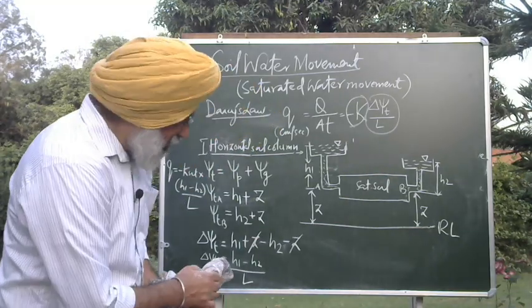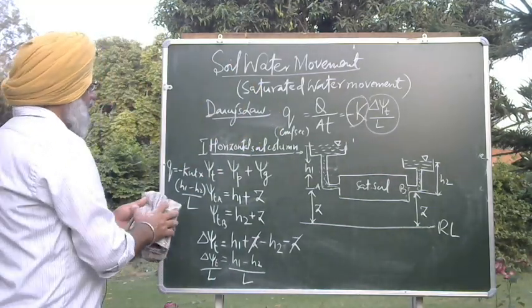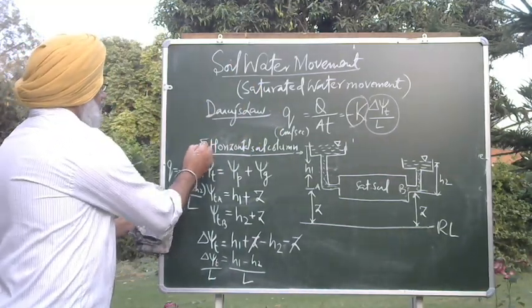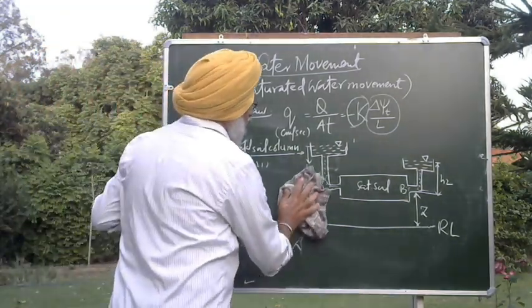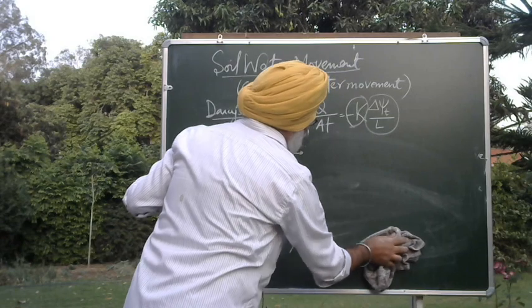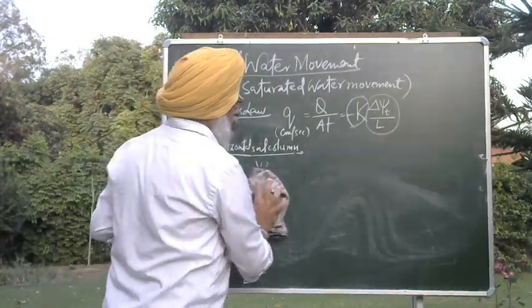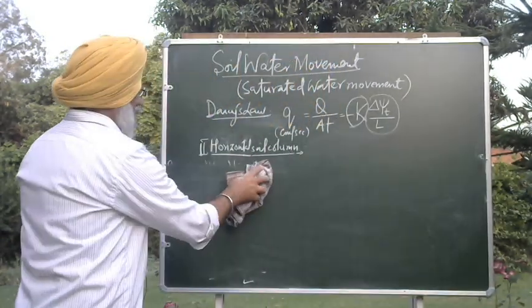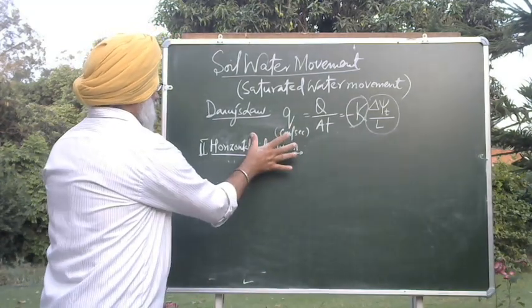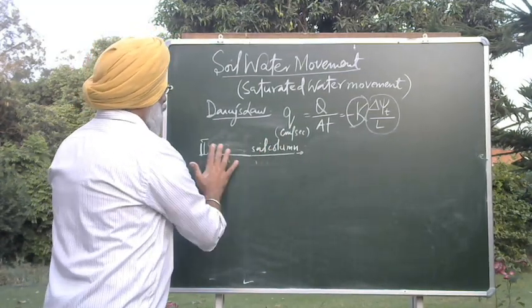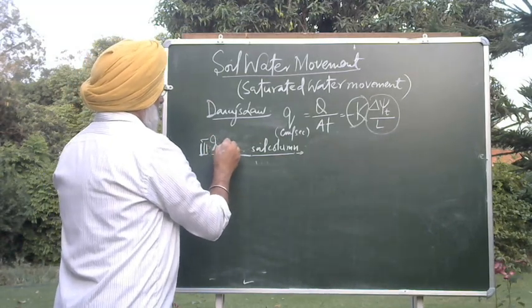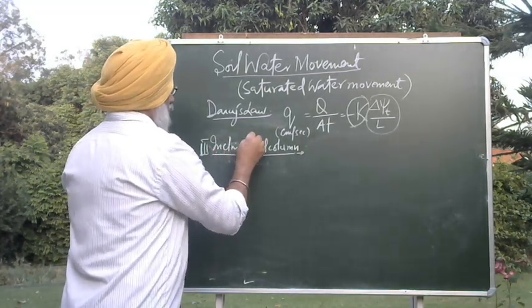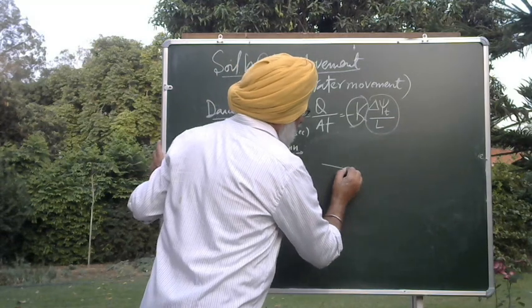After this, this was the second case, the third will be the inclined soil column. Now the inclined soil column is just like this.